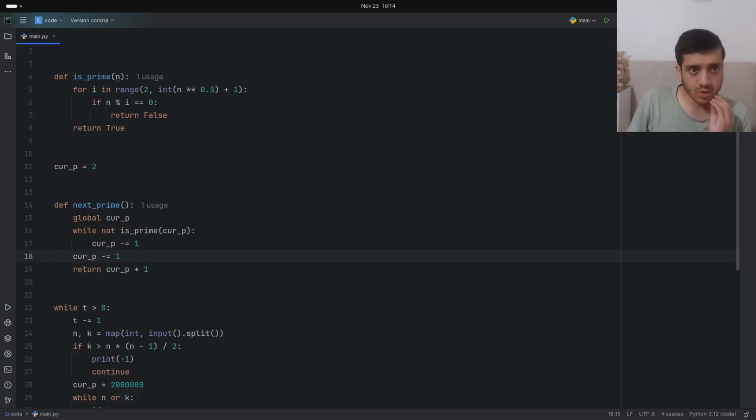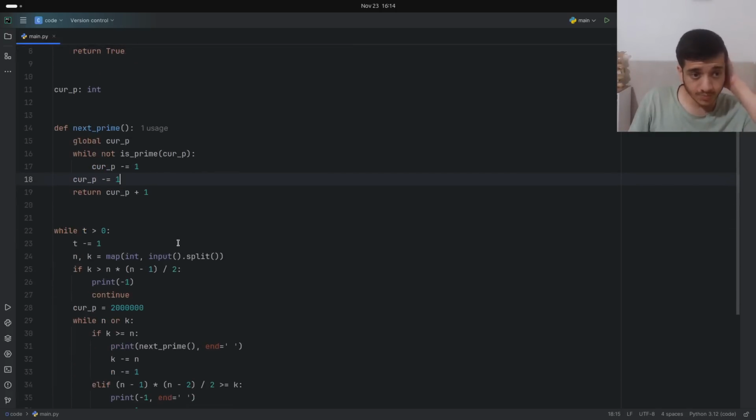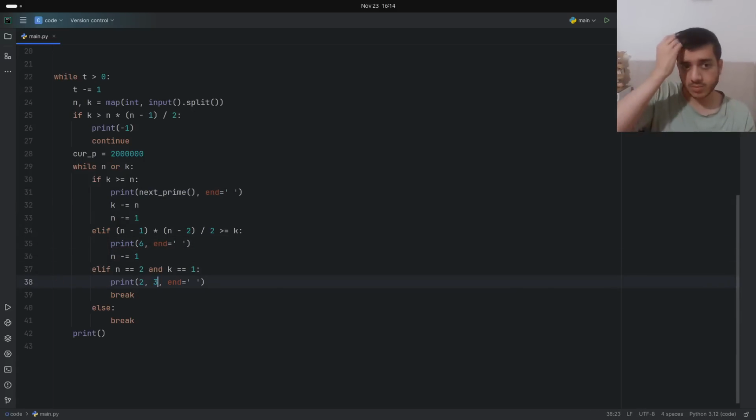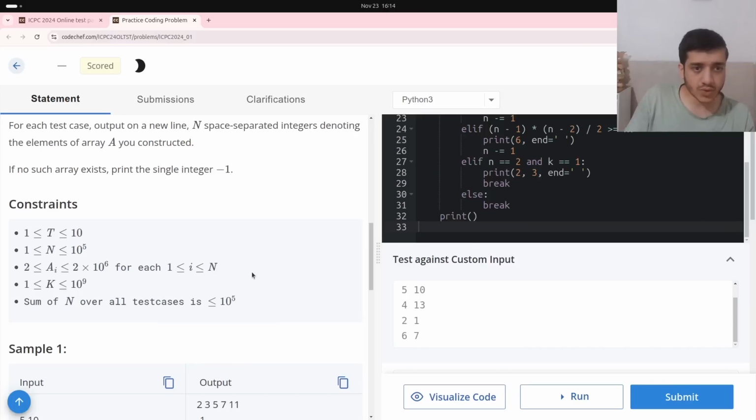So we know that every time we have a new 1, it's a simple integer. Then we print next prime. Here we print 6, and here we print 2 and 3. Let's run it.